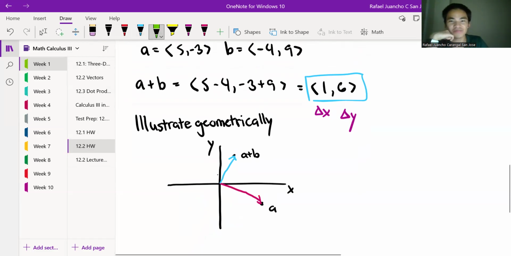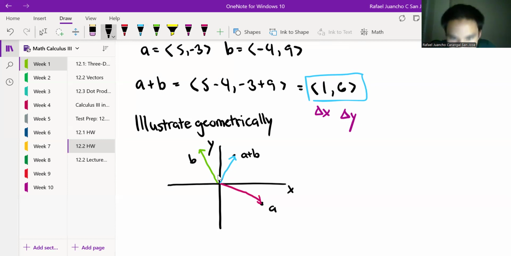So it's negative 4 and then 9 up. So that's my B. Yeah, and then my A plus B is somewhere like this. Yeah, now this makes sense.